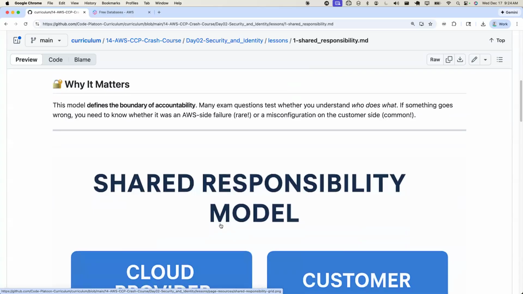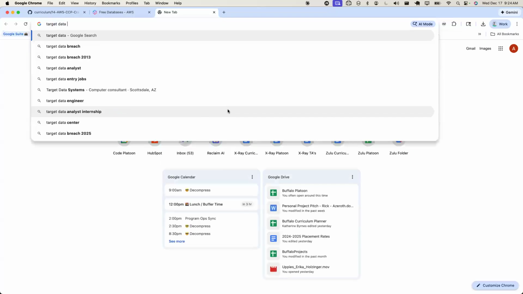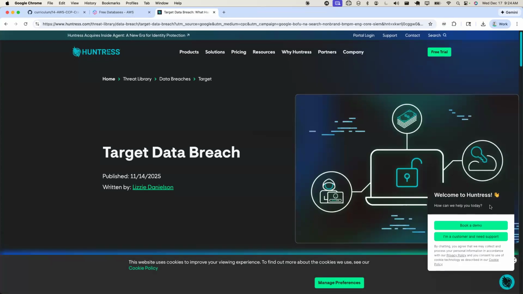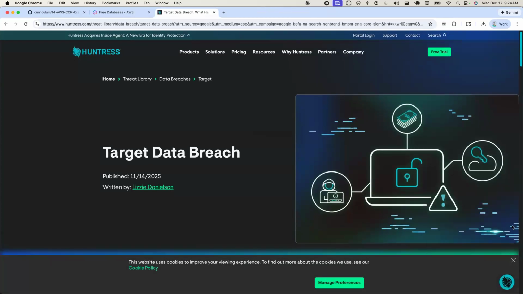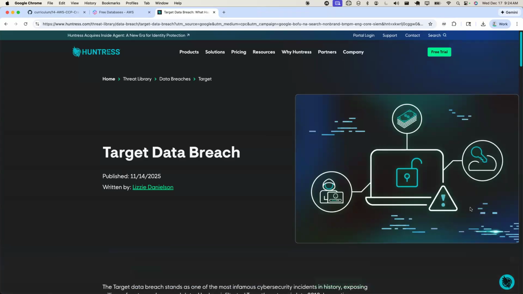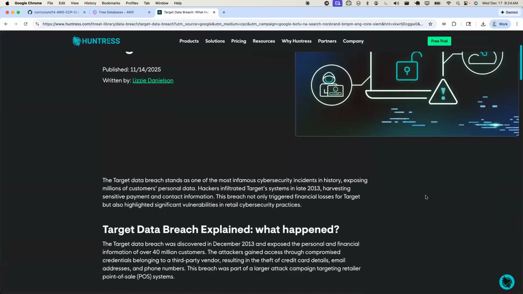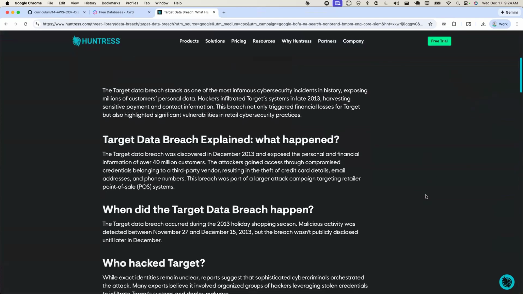How many people heard about the Target data breach a bunch of years ago? I see one or two hands. Let's just Google that one up. Unfortunately, big companies have massive data breaches all the time, and probably all of our personal information is out there on the internet.